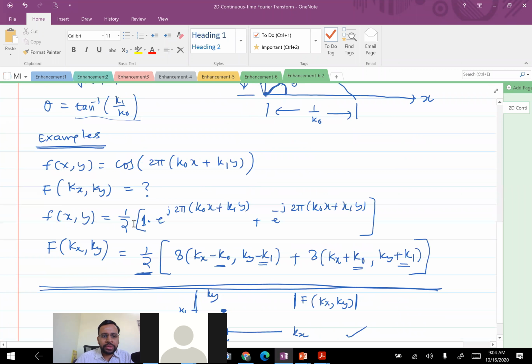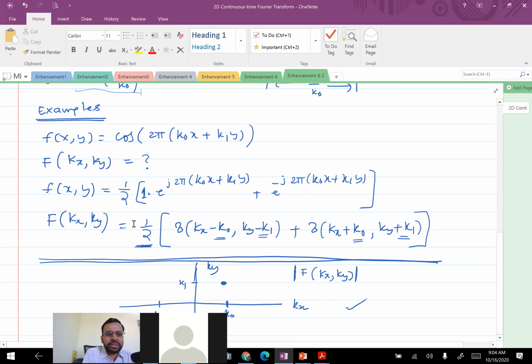Then we started by taking this function on the spatial domain and trying to figure out its frequency domain response, or its F of kx comma ky. That's what we did in the recorded video lecture. So f of xy is equal to half of this.